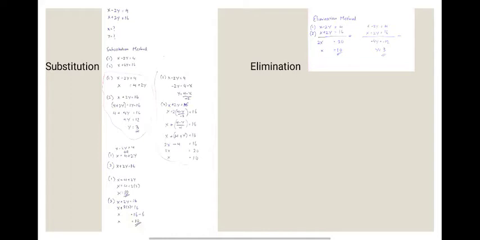Okay, and then take a look at the right side. Now after we find the y, we are going to find the x. We are going to do the same procedure, except for the first equation, instead of isolating the x, we are going to isolate the y. So I'm going to move x to the right side, which results in minus x.